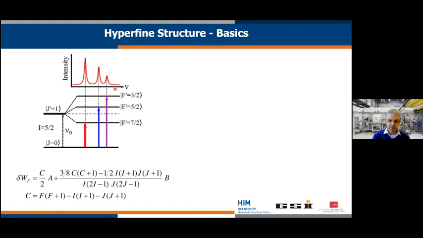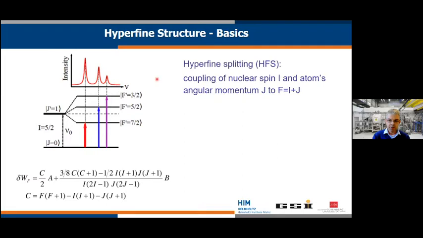The hyperfine splitting is, of course, leading to a coupling of the nuclear spin and the atom's angular momentum to a total angular momentum of F. And these different F quantum numbers, 3/2, 5/2, and 7/2, are given here. From the ground state in my example, you would get 3 different transitions.